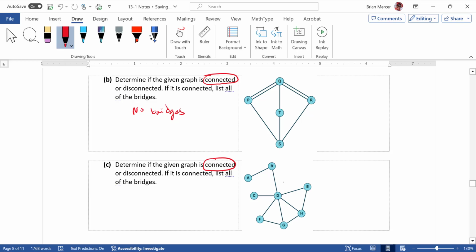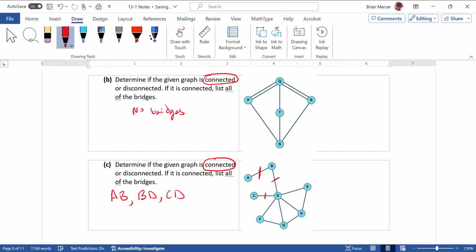But a bridge would be this one right here. So AB would be a bridge. If you took out BD, that would also be a bridge. If you took out CD, that would also be a bridge.